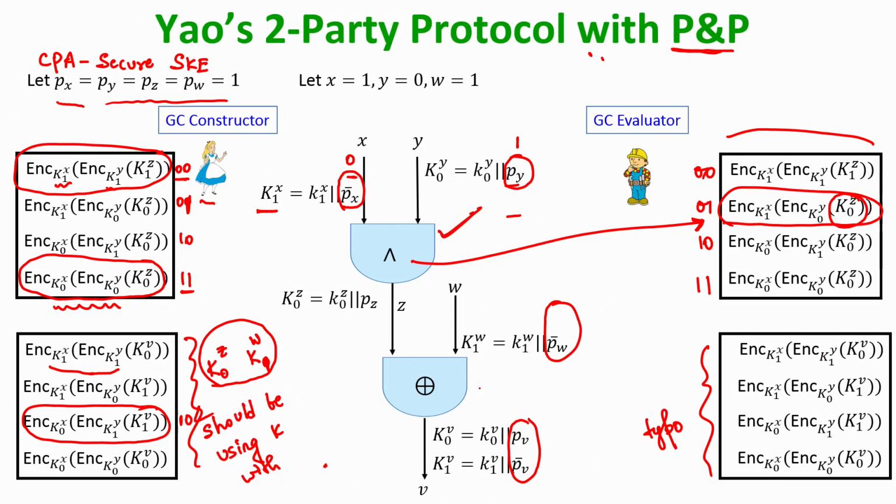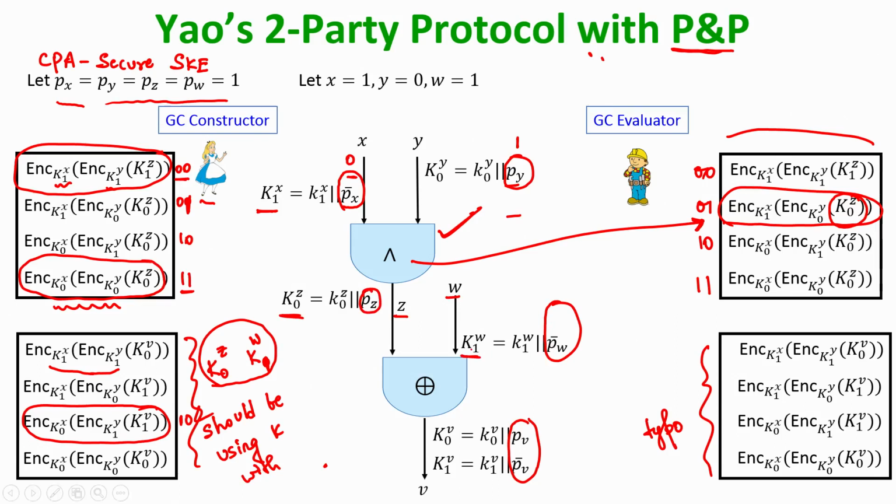Now, he has to evaluate this XOR gate. He has one key for the Z wire, one key for the W wire, and again he will do the same process here. He will go and focus on the permutation bits, but again the value of the permutation bit does not help him to find out anything about the label of the entire key. Okay.